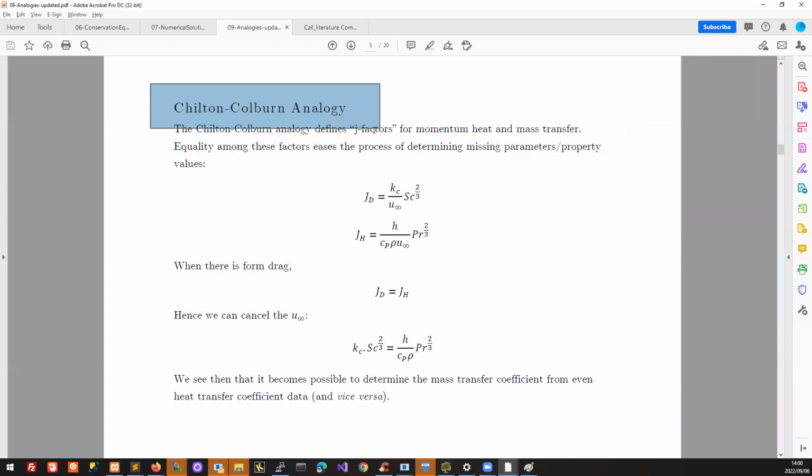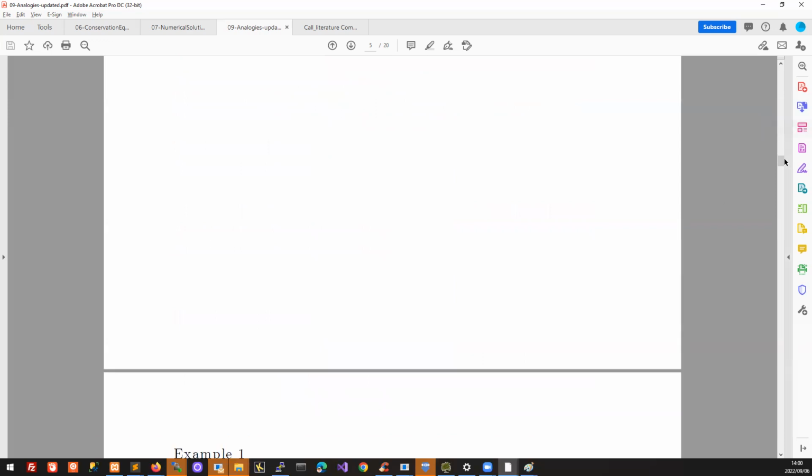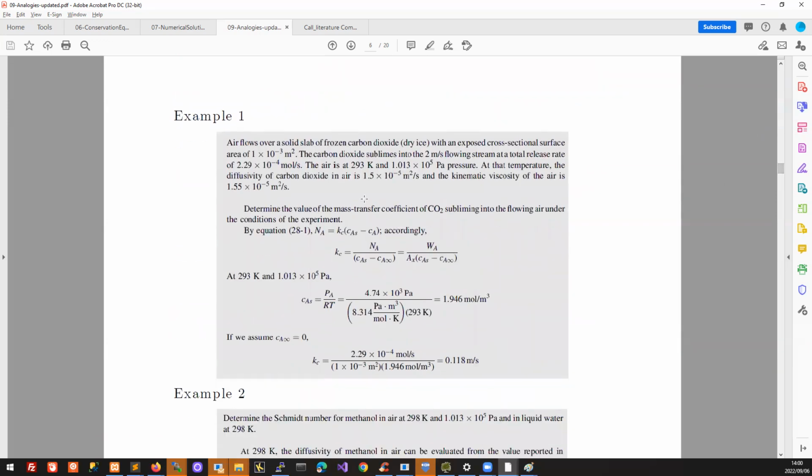So in all these relationships and analogies, what we are doing is relating dimensionless groups to each other. So you can see the Prandtl number here, the Schmidt number there, and so on. So these are correlations among our constants. So we are not even trying to solve equations anymore. Now we have simplified the whole thing down to just relating all the constants involved in the equations to each other.